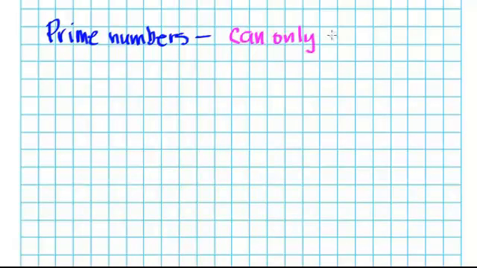Prime numbers. Prime numbers can only be divided by the number 1 and itself.